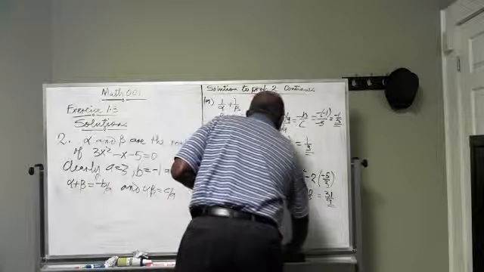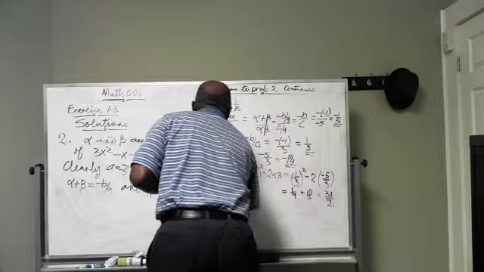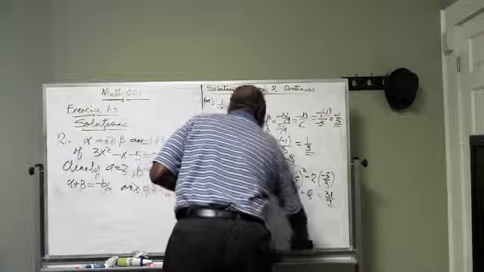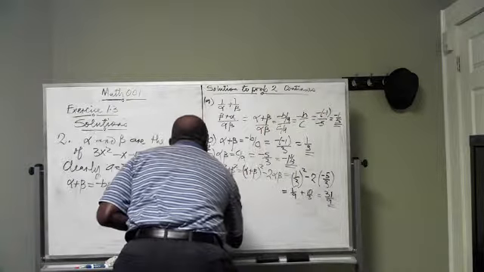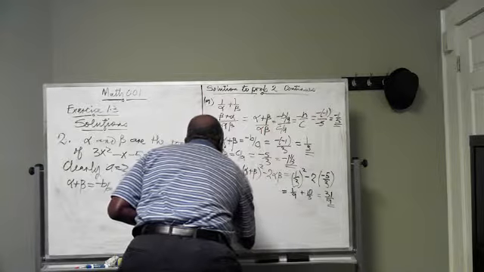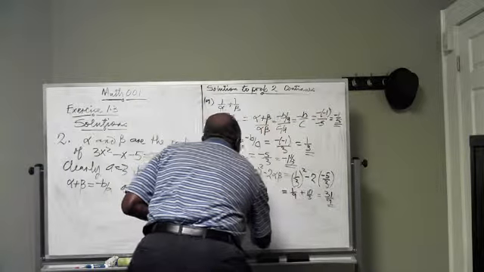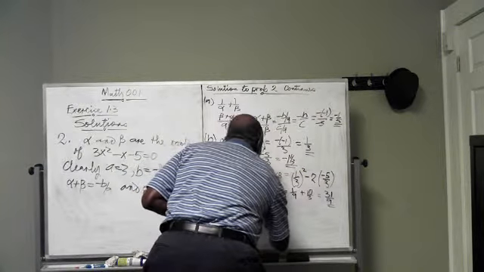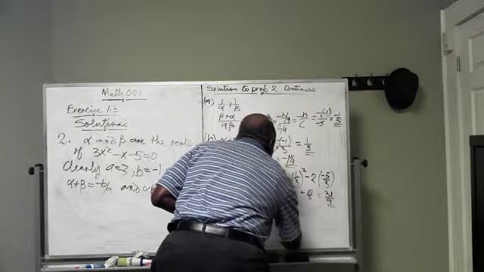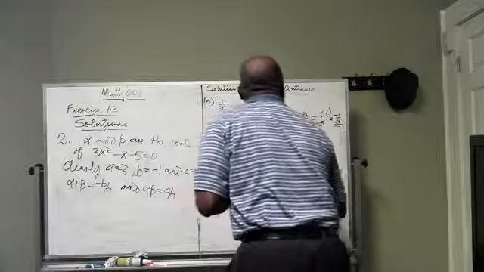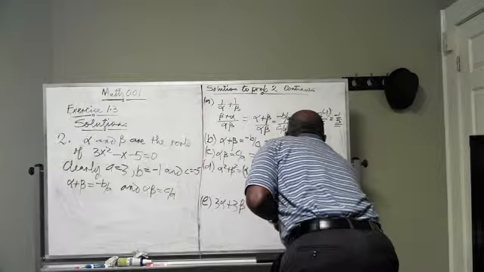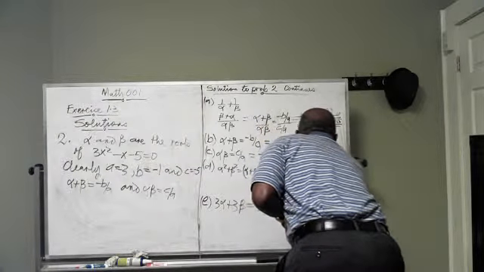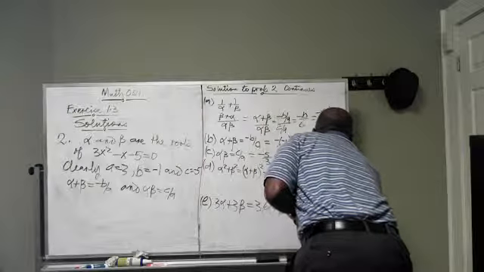Let's erase this, it's too close to E. 3 alpha plus 3 beta equals 3 into alpha plus beta, which is equal to 3 times 1 over 3, which is equal to 1.